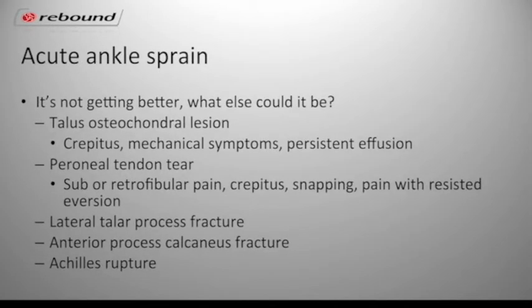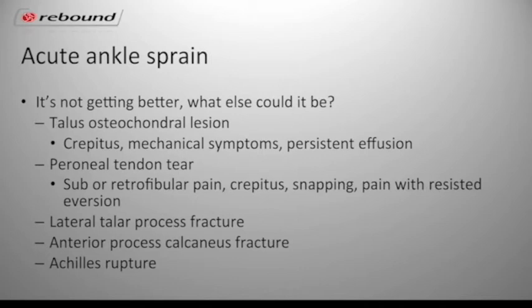So that's essentially it. There are a couple of injuries, like this talus osteochondral lesion, that can also lead to persistent ankle pain and swelling. This will produce mechanical symptoms within the ankle, things like catching, locking, the sensation that they just have something stuck in their ankle joint.